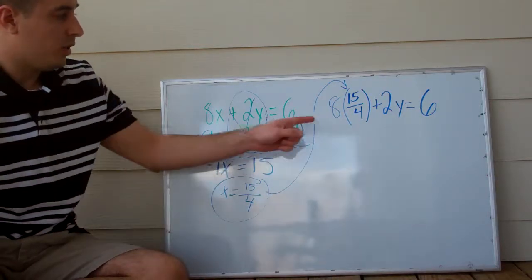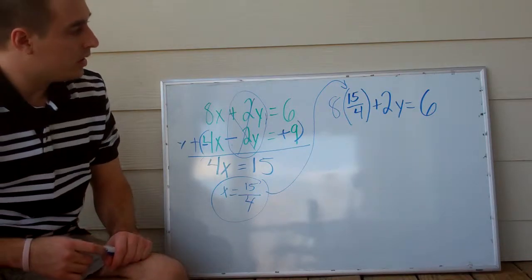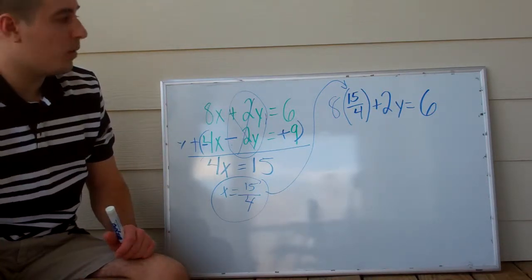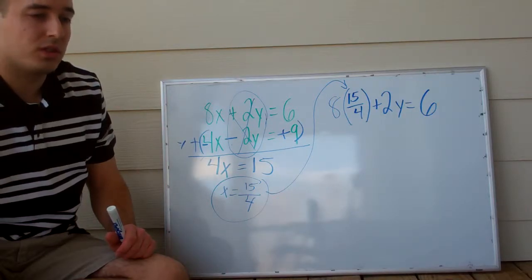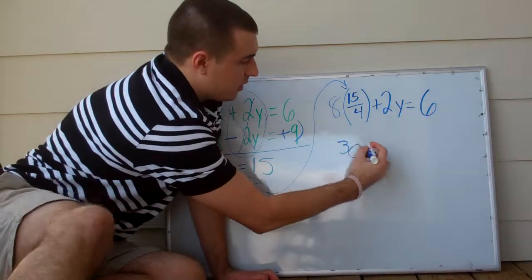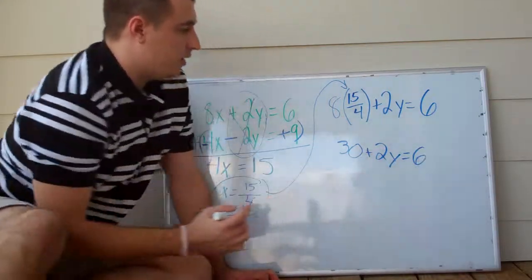So now we have to do 8 times 15 and then divide it by 4. Whew. So we know that 30 times 4 would be 120. 120 divided by 4, which would be, what, 30? So 30 plus 2y equals 6.